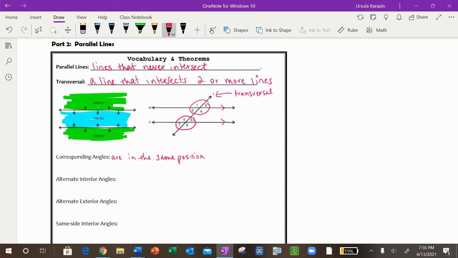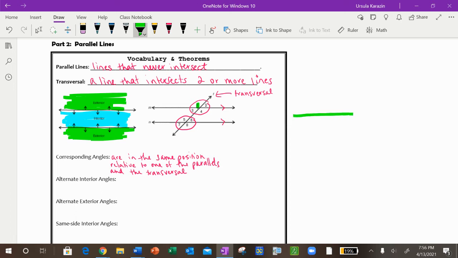Okay, relative to one of the parallels and the transversal. Okay, so let's look at this. Up there in the top circle, if I highlight angle 1, notice angle 1 is in the upper left corner of that circle, correct?